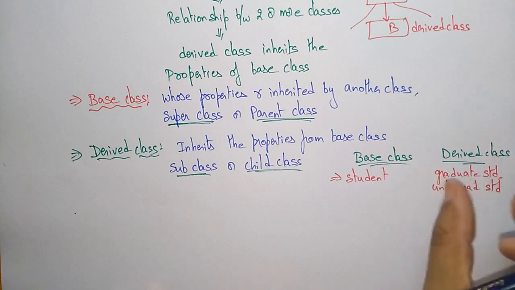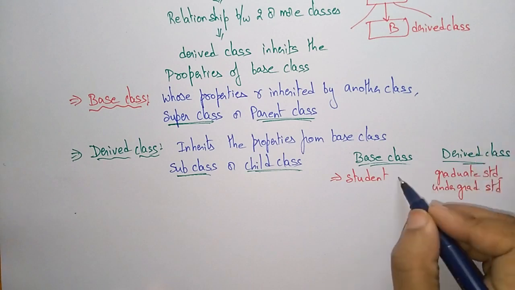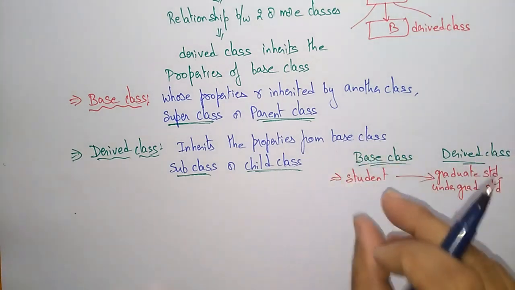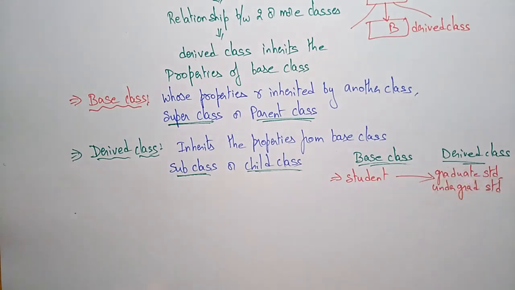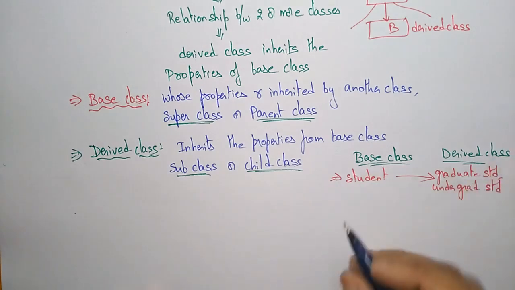Here the student is the parent, and the graduate and undergraduate students are its children. The derived class acquires the properties of the base class. Each student has a name, each student has an address, and so on, which are inherited.